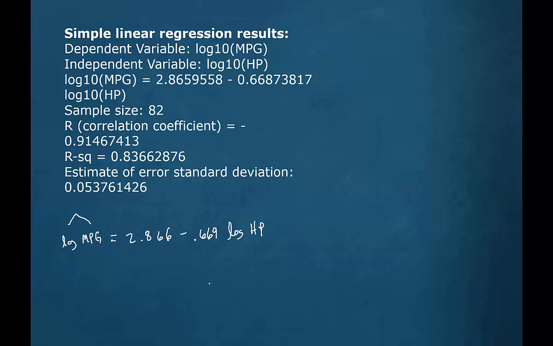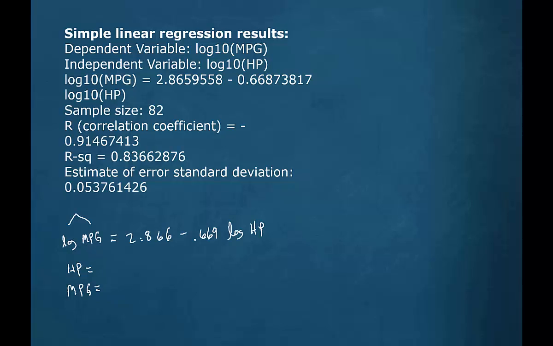Now, the problem here is that when we go to trying to make predictions using this model, we'll plug something in for horsepower, we'll log that, we'll multiply it by a value, subtract that from another value, and what'll come back will be the log of the fuel efficiency. Well, it would be really nice if we could plug in a horsepower value and get back a miles per gallon value rather than the log of a miles per gallon value.